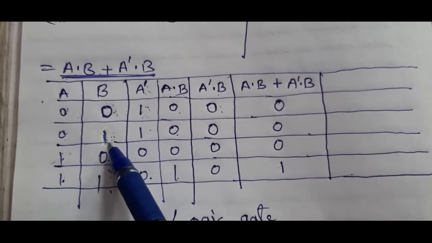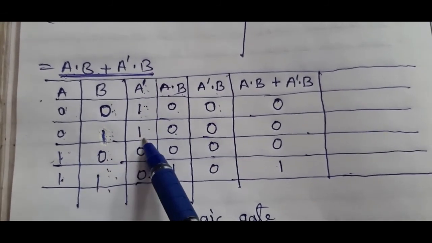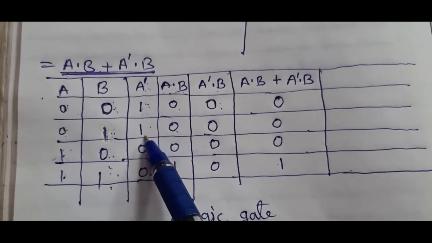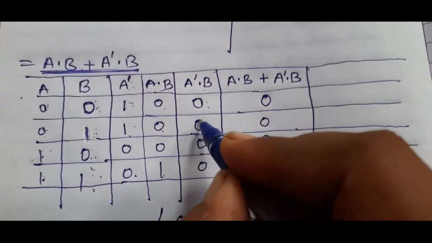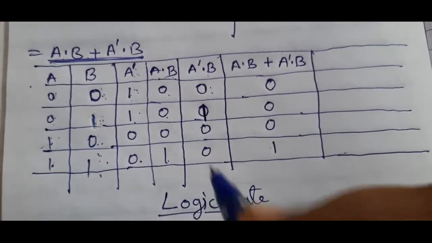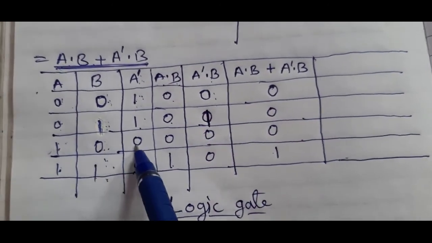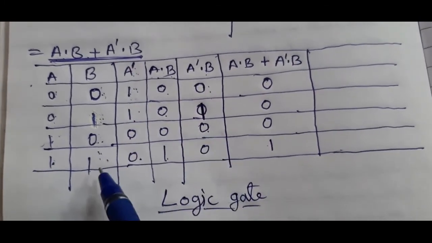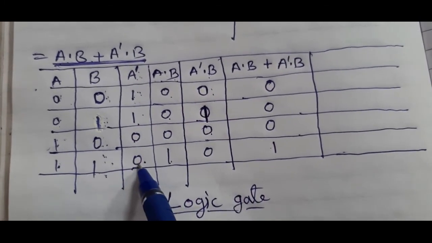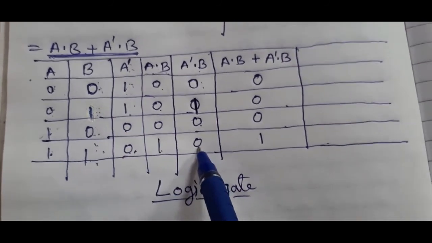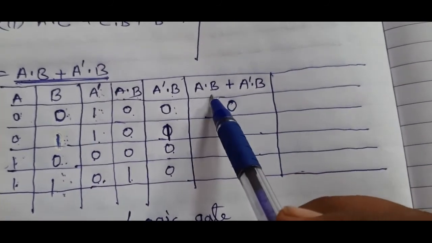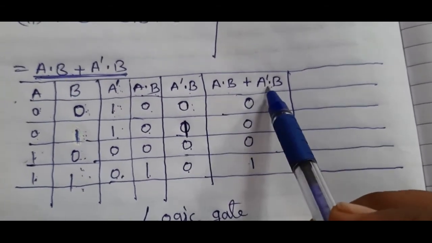In the same way, where both are positive, output will be positive. If both are negative, output will be negative, and if one is not positive here also, output is negative. Now we need the whole output.